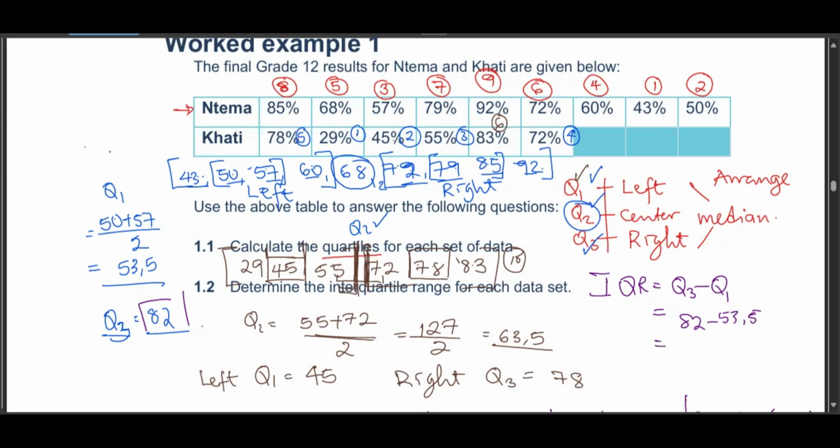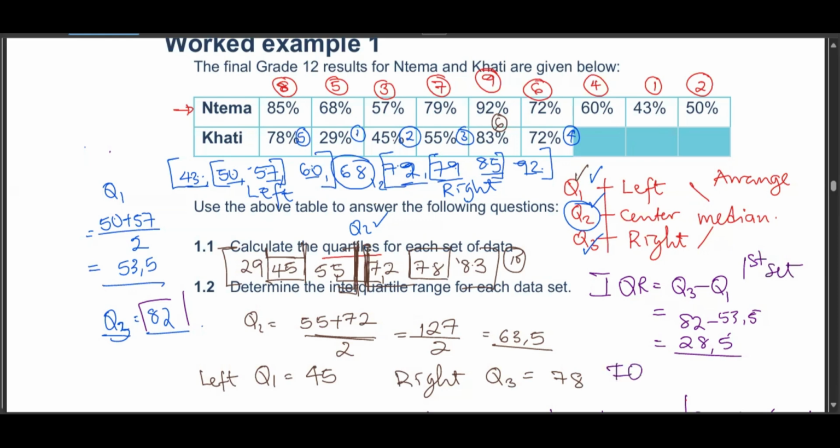Put the equal sign, get the answer there. 82 minus 53,5. So here the answer became 28,5. That's the interquartile range for the first set, Set 1.